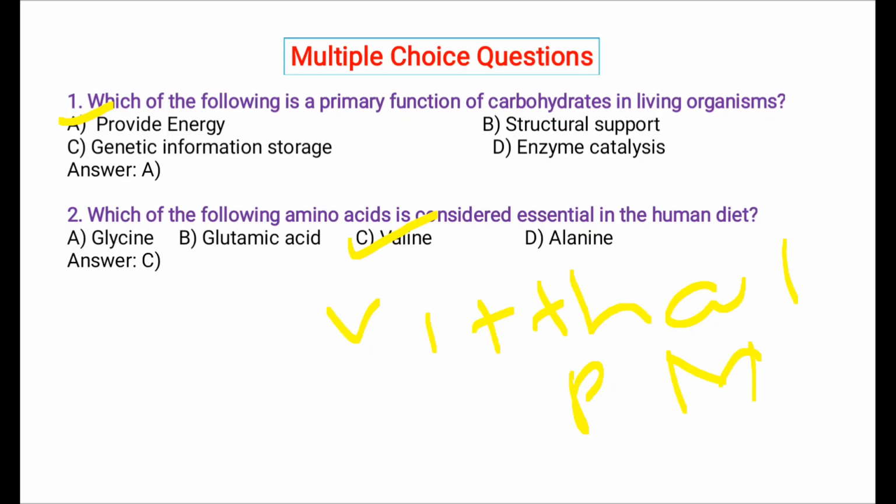P means phenylalanine, V means valine, T means tryptophan, T means threonine, I means isoleucine, M means methionine, H means histidine, A means arginine, L means leucine, L means lysine. So you have to remember these tricks for essential amino acids.